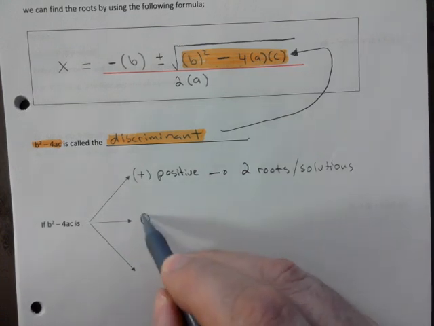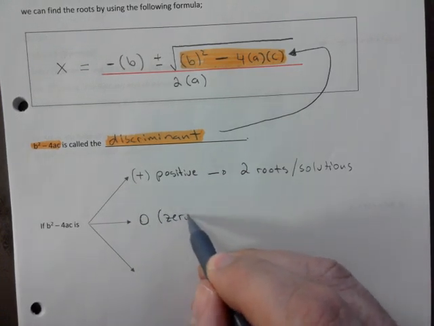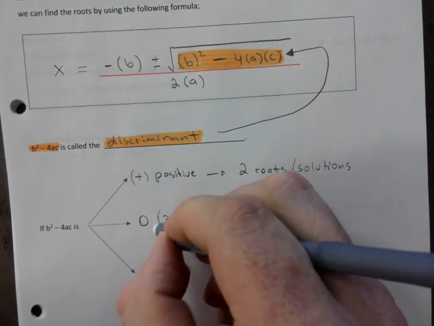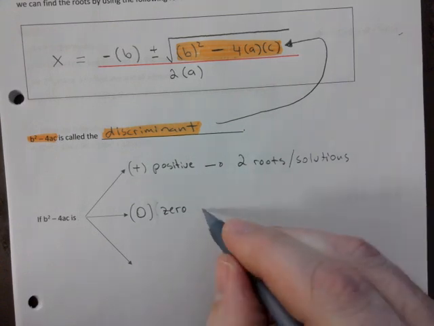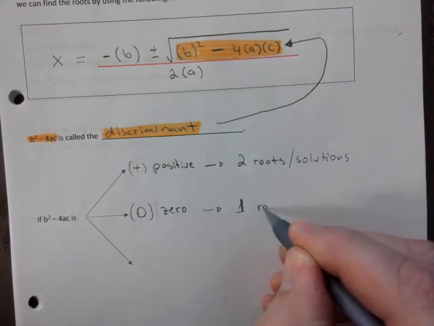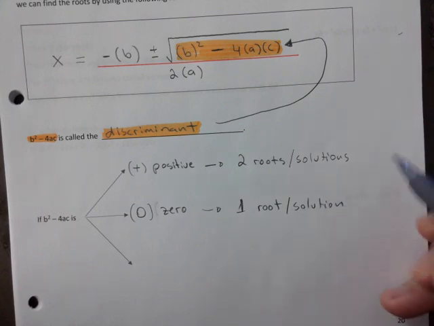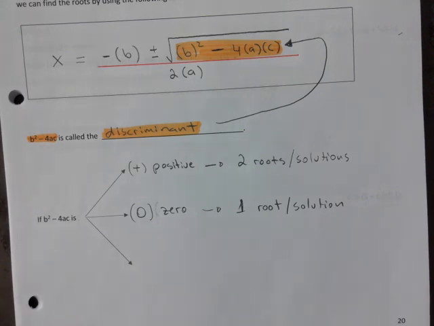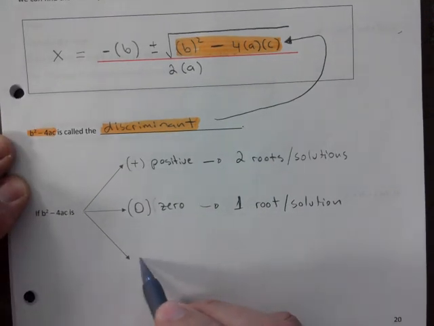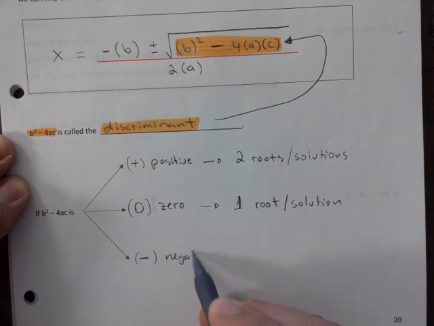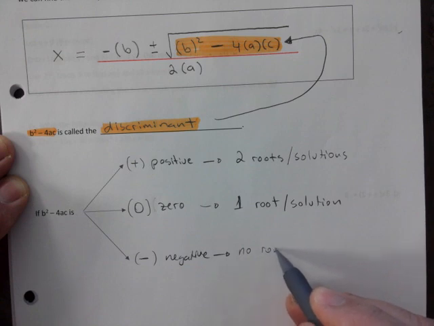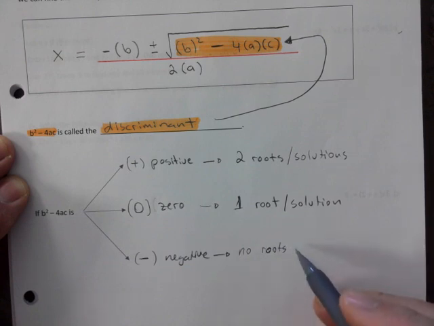If it's zero, you've got one root. And you remember, it's x-intercepts. Okay, guys, we're still finding the x-intercepts. If it's negative, you will have no roots, and therefore no solution.